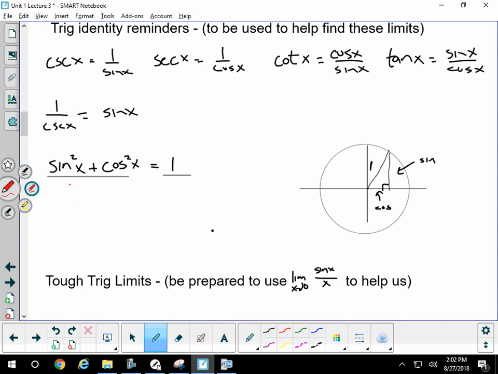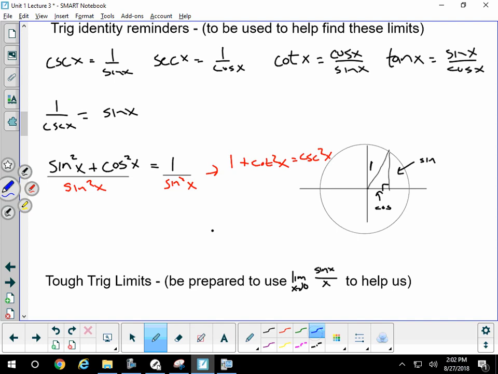Like I could divide everything by sine squared x. Sine squared over sine squared is 1. Cosine squared over sine squared is cotangent squared. 1 over sine squared is cosecant squared. So that just pops up naturally.